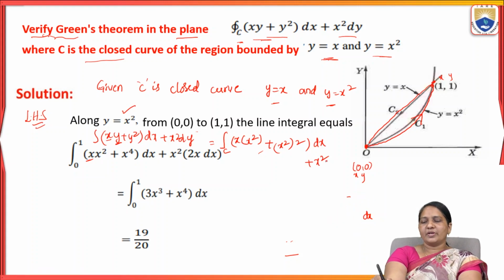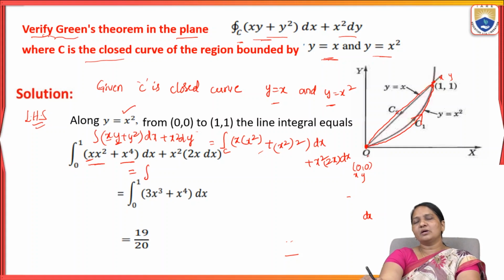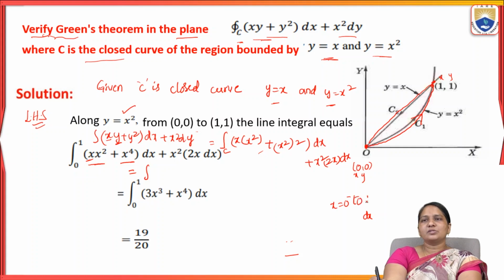So x square into 2x dx. So that is there. x into x square, plus (x square) whole square is x power 4, into dx, plus x square into 2x dx. Now we are going to simplify this integral. How did we write these limits 0 to 1? Just now I told you the point is from (0, 0) to (1, 1), so based on this I can say that x limits are 0 to 1.